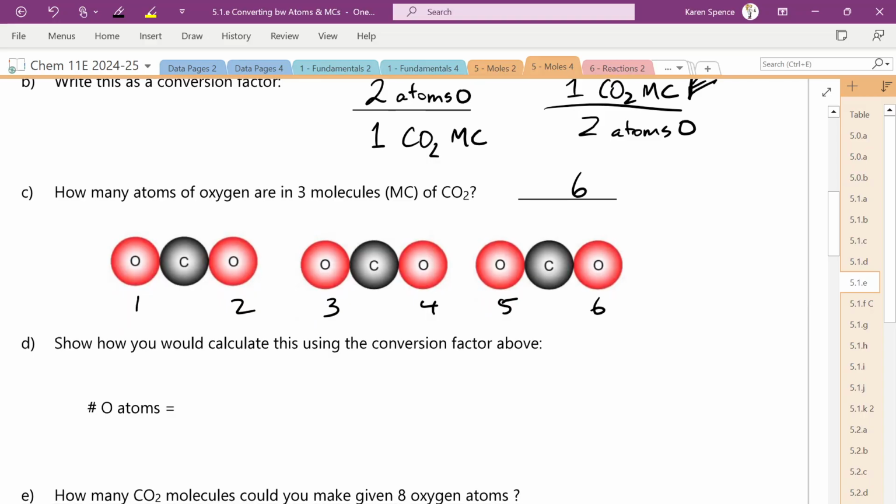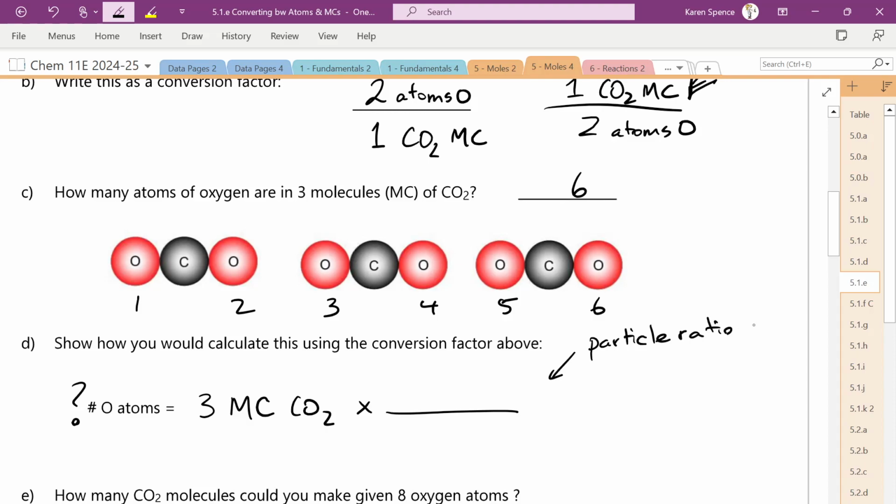So we say, how many O atoms do we have in 3 molecules of CO2? And we do this using the particle ratio as our conversion factor.